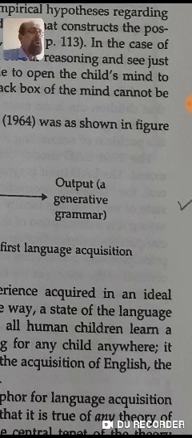Now I want to talk about the poverty of the stimulus argument. This is very nice. You remember paragraph 2 on page 55 talks about Plato. You know Plato? Who is Plato?